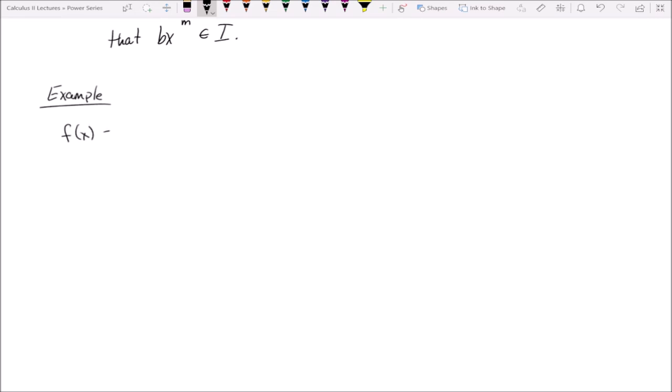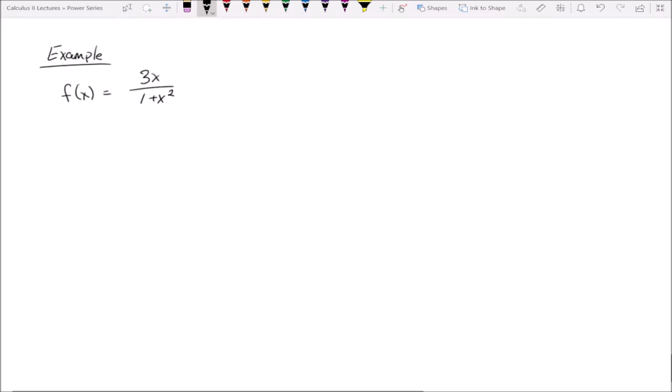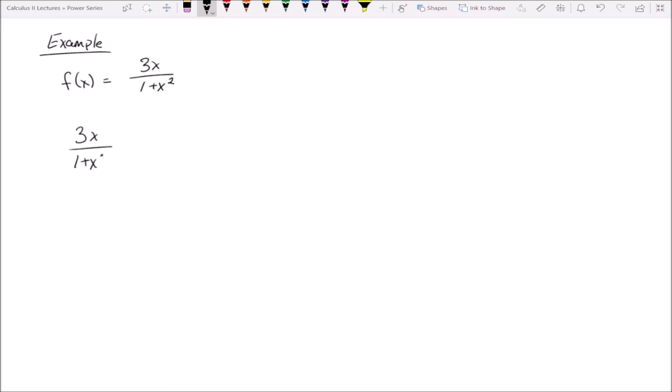All right, well, let's take a look at the function f of x equals 3x over 1 plus x squared. And we want a series expansion for this, right? So notice we can write it as 3x over 1 minus negative x squared, which is 3x times 1 over 1 minus negative x squared.